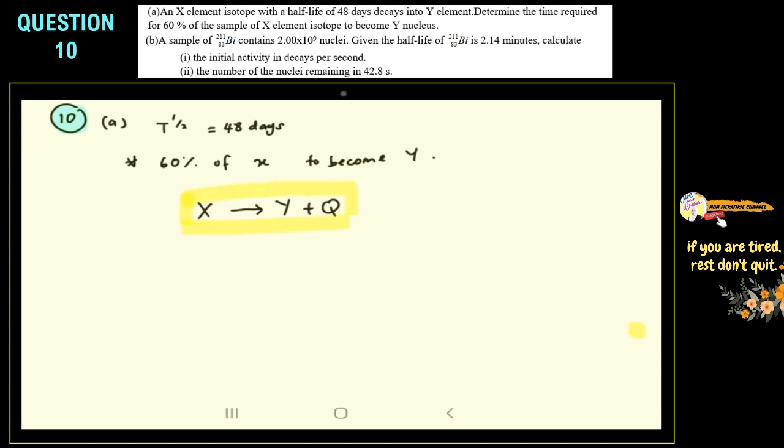We want to determine the time required for 60% of sample X to become Y nucleus.